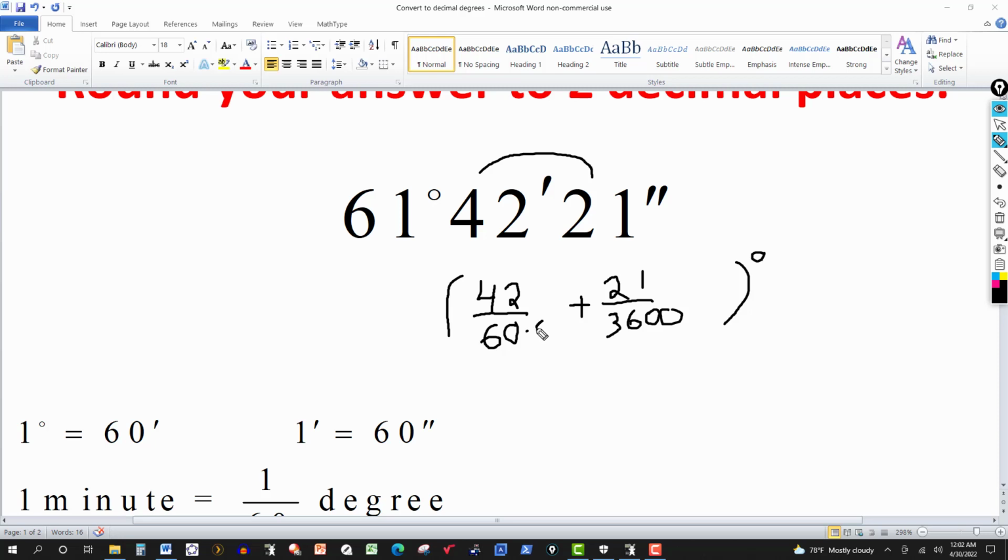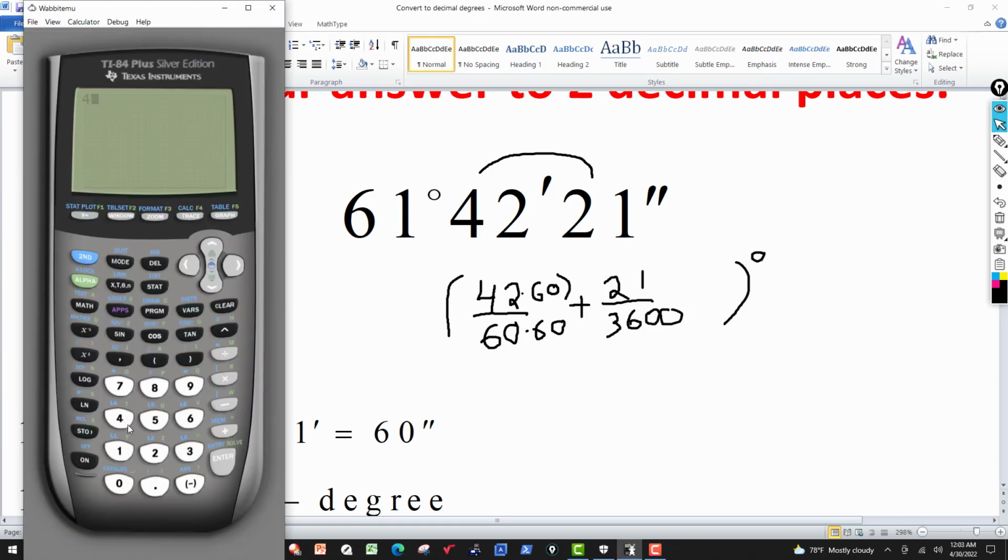So to get the same denominator here, this should be 60 times 60. That's going to give me 3600, and 60 here, multiplying that out. Add this up, and then we divide by 3600, and we get 0.705.